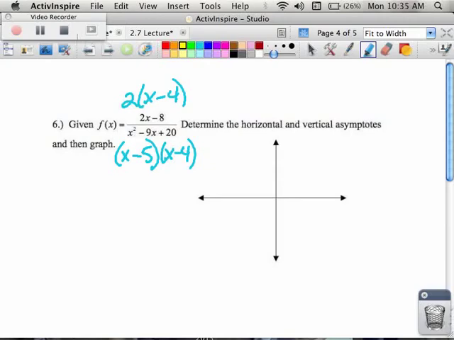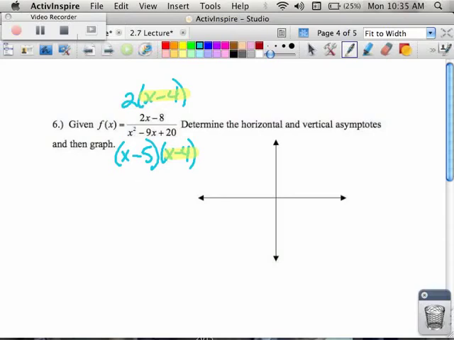So as I notice that, what I would normally say is that this graph would have an asymptote of x equal to 4, a vertical asymptote, right? That doesn't happen.